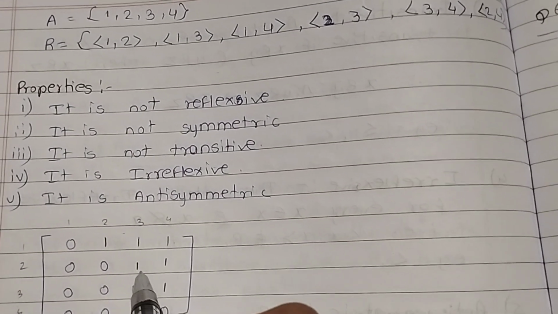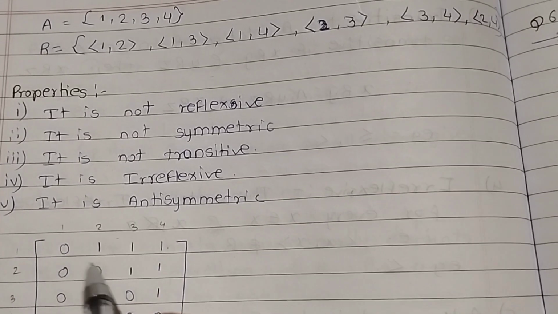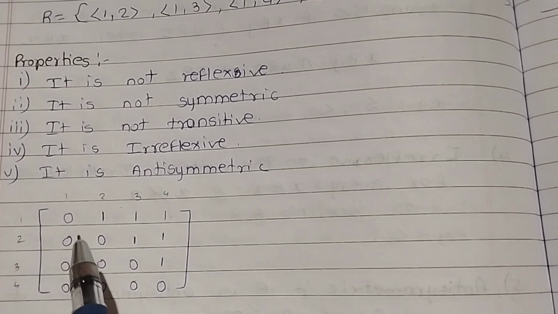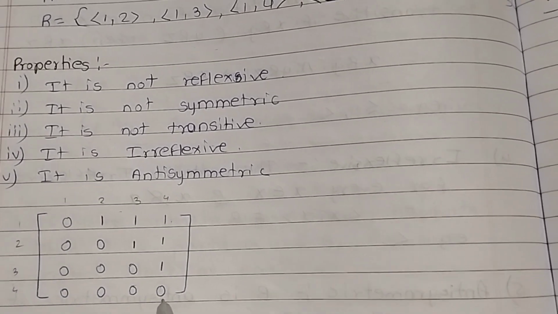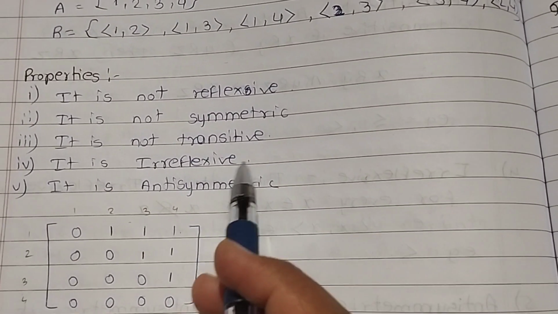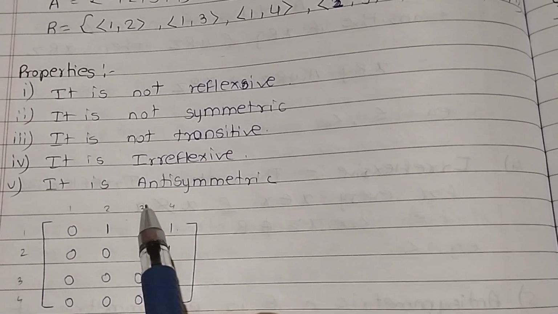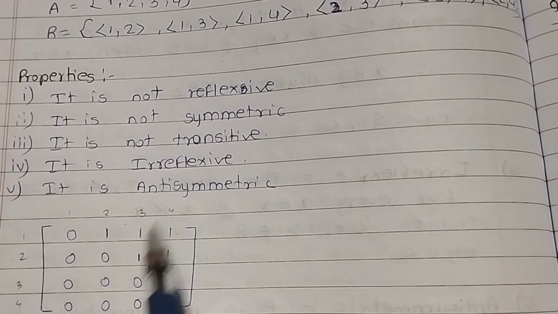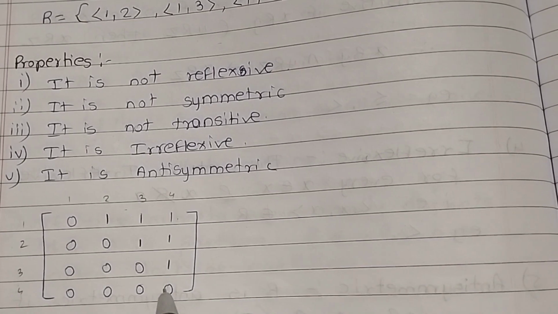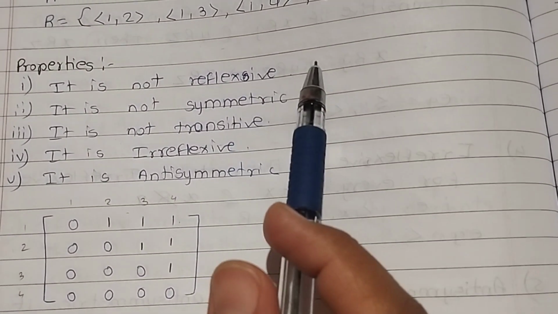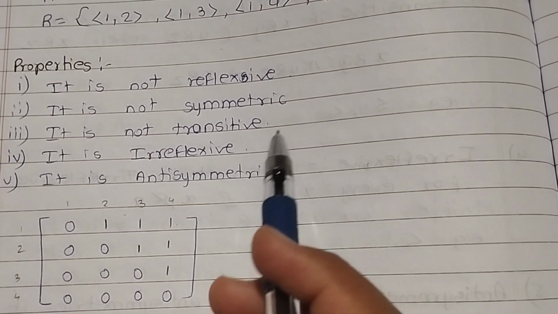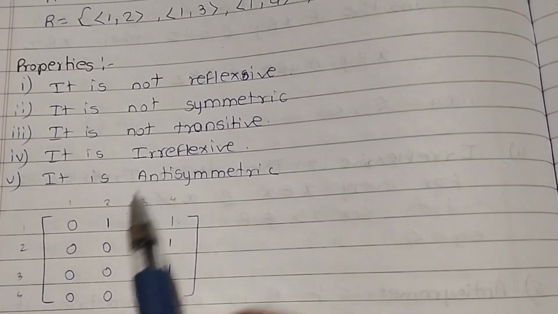In this way draw all the sets. Now as we know, if all the diagonal elements are 0, then it follows the irreflexive property. For cross checking, if you want to cross check the answer, draw the matrix and check. If all the diagonal elements are 1, it follows the reflexive property, and if all the diagonal elements are 0, it follows the irreflexive property.